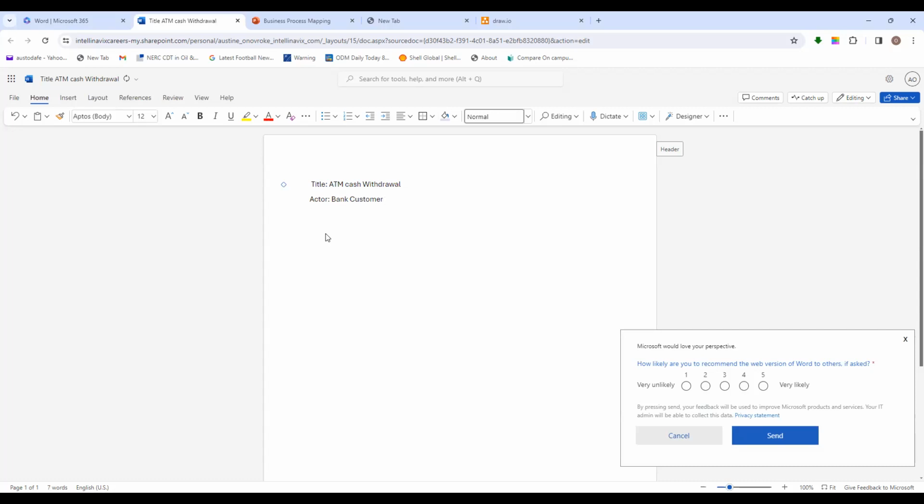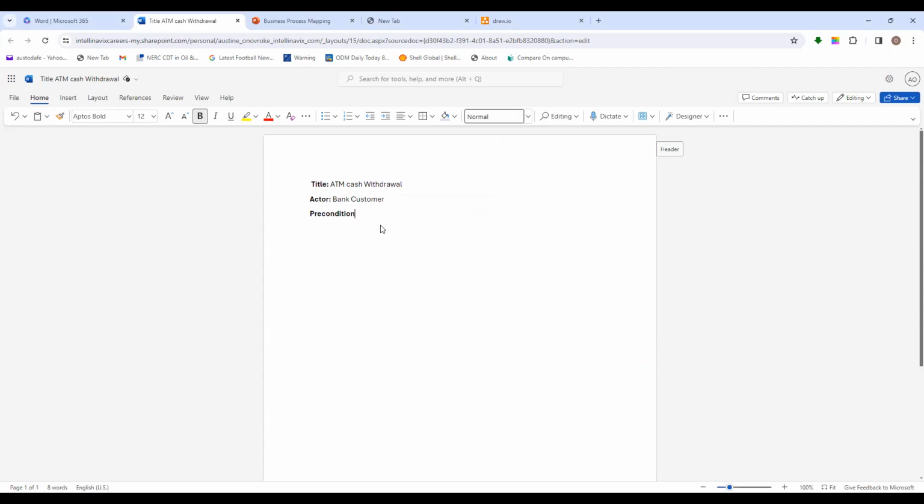Okay. Now we need to put the precondition. When you go to an ATM machine, what is the precondition before you can withdraw money? Yes, I need your views now.